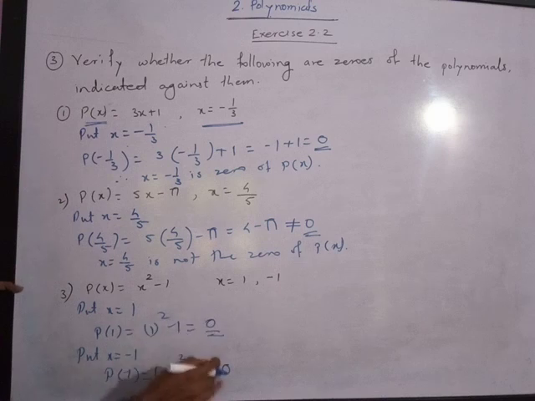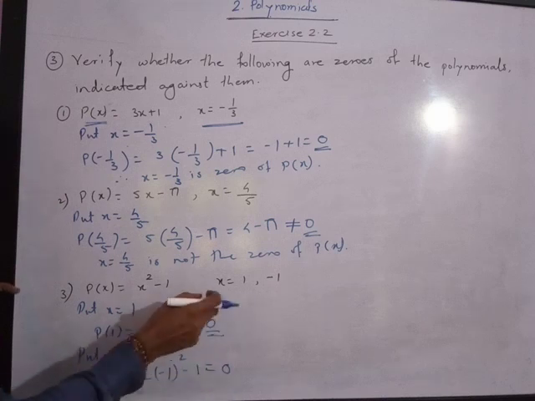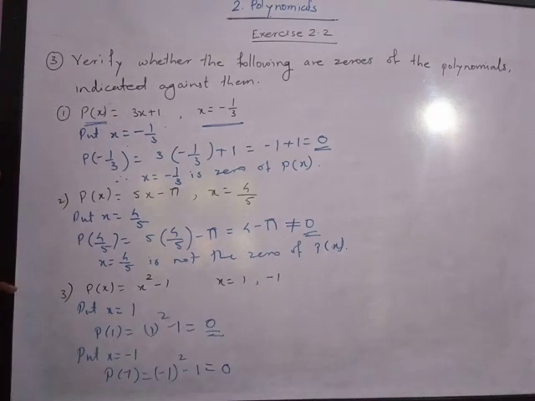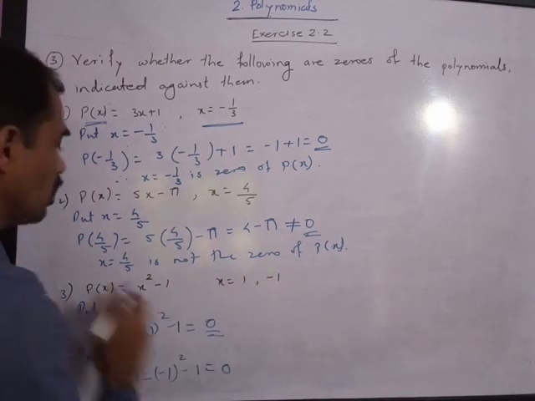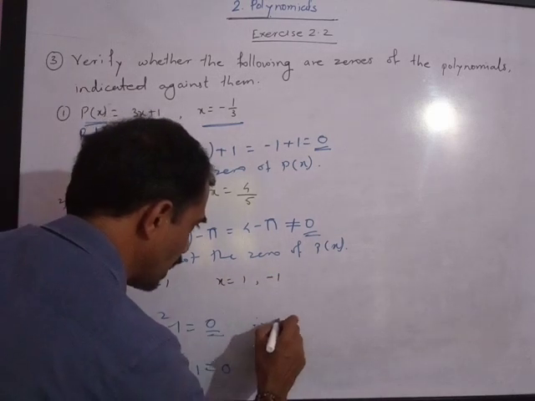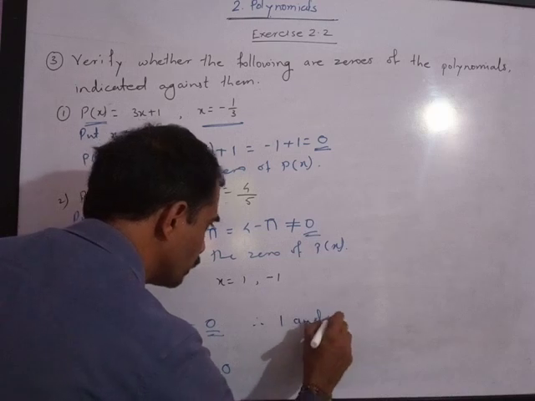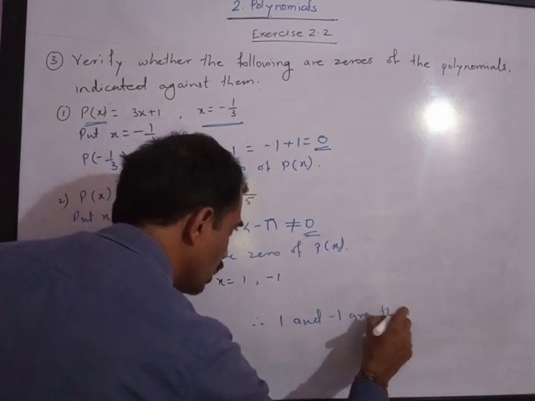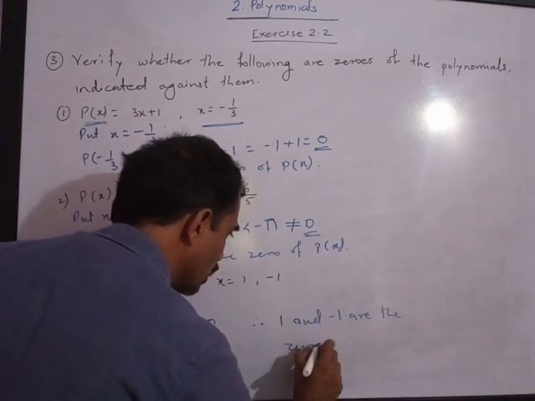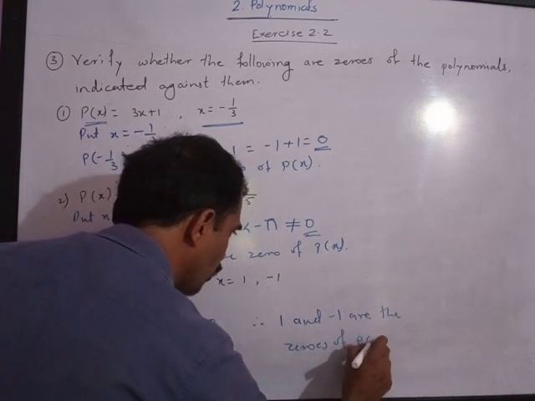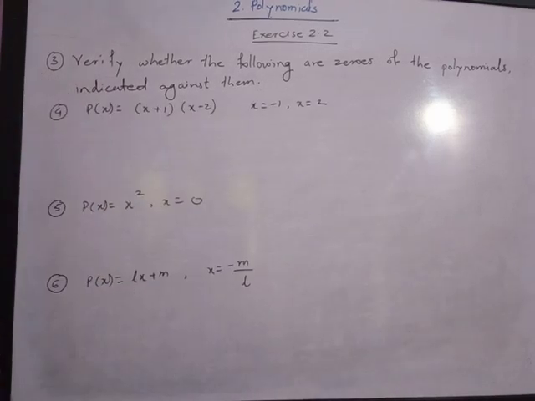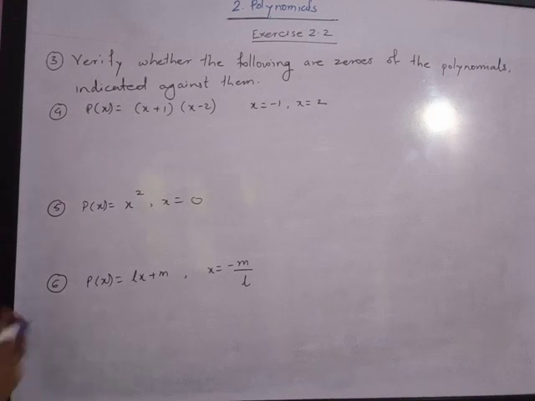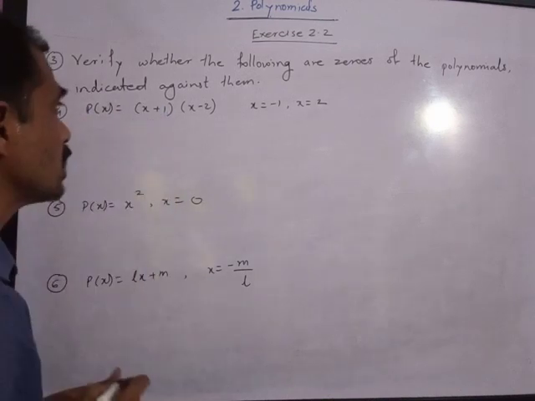So since both the values, after putting x is equal to 1 as well as minus 1, become 0, both are zeros of the given polynomial. Therefore we can say that 1 and minus 1 are the zeros of p of x.